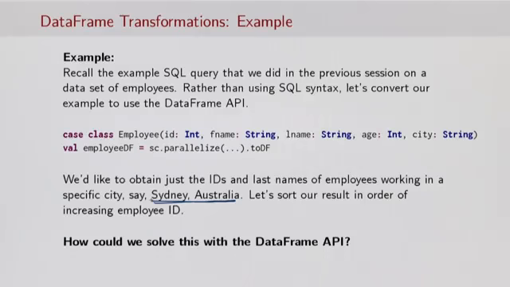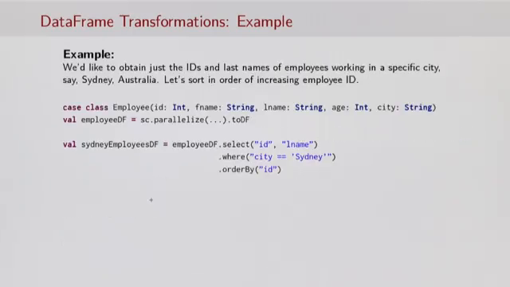So once we've grabbed these columns and then filtered out the people who live in Sydney, we sort them by the employee ID. How would we solve this with the DataFrame API with some of the methods that you've seen so far? I'll let you try it first. The DataFrame solution actually looks a lot like the SQL query that we did in the previous session.